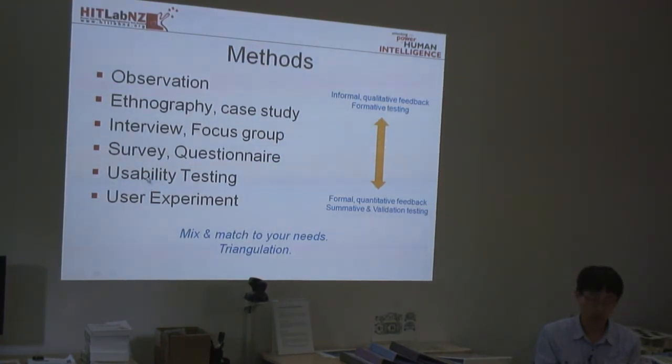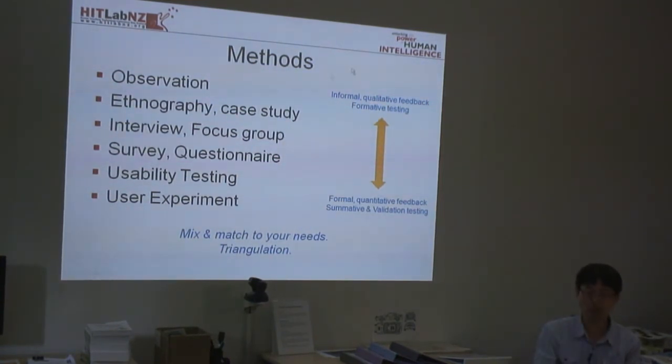And then there are more formal studies such as usability testing, which usually tests against the requirements and sees if there's any problem with the final product. And also, more from a research perspective, a formal user experiment, which compares different technologies and sees which solution is better than the other. Again, this variety of methods could be used in different phases of your project.